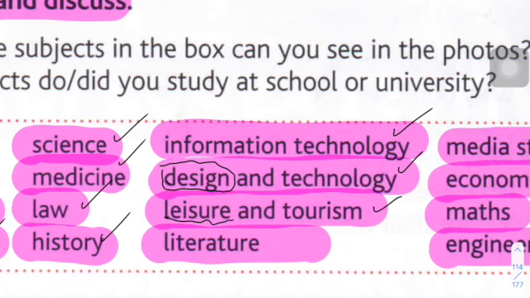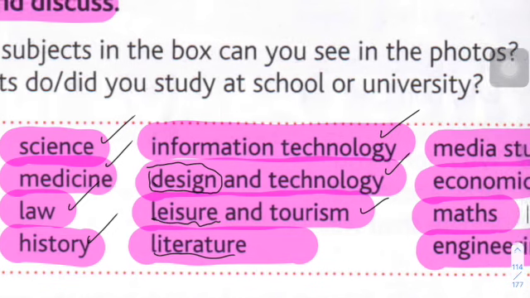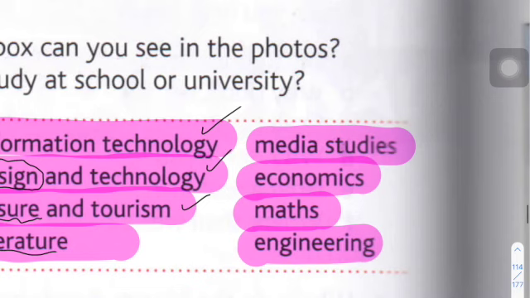Leisure and tourism. Leisure, spare time. Activities that people do when they have time just to relax or to exercise, or just to do something when you are doing nothing. Literature, no problem with literature. And now we have media studies. Media studies is related to music. No, not to music.